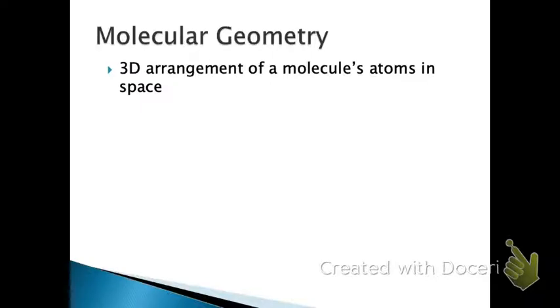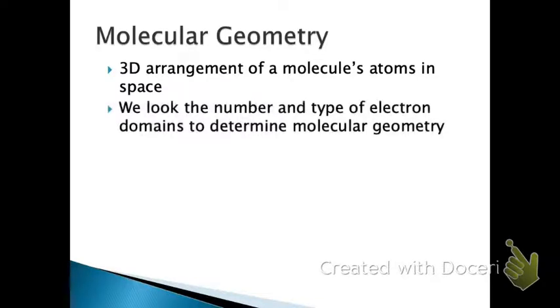So in order to start looking at the shape of a molecule, we have to determine what are called the molecule's electron domains, or the central atom's electron domains. We look at the type and number of electron domains. I'm going to give you the definition of electron domains in a second, but electron domains are very simple.